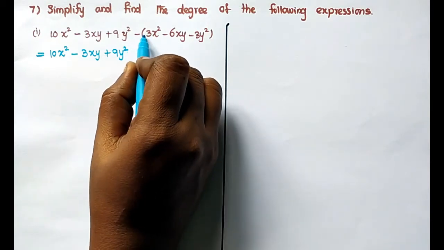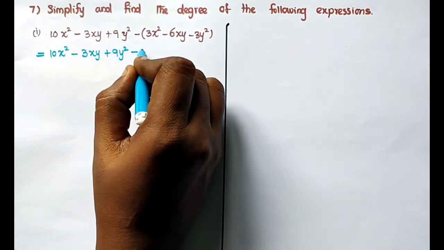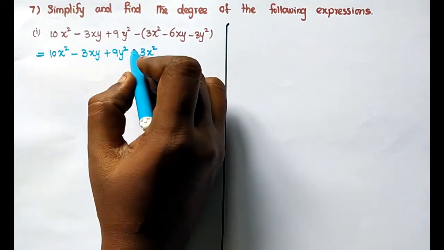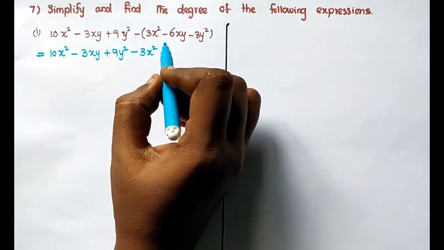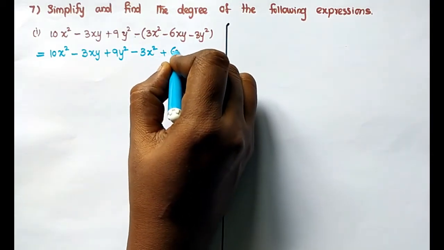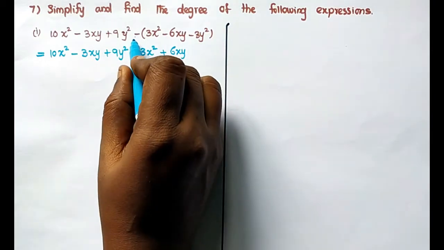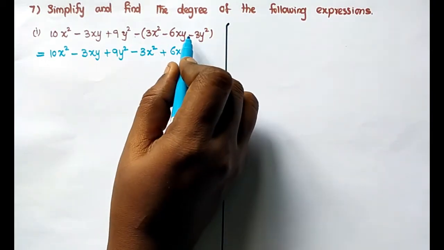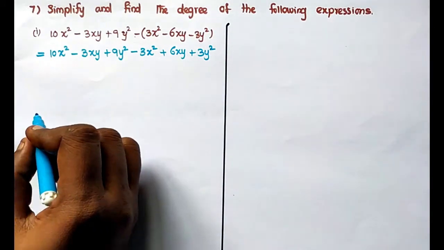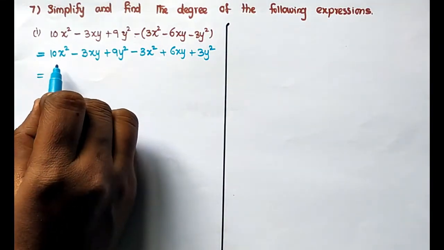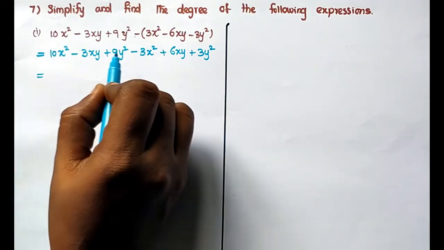So plus in minus into plus is minus 3x squared, and then next term minus into minus is plus 6xy. Next term minus into minus is plus 3y squared. Now assemble the like terms. Here x squared, here also x squared.